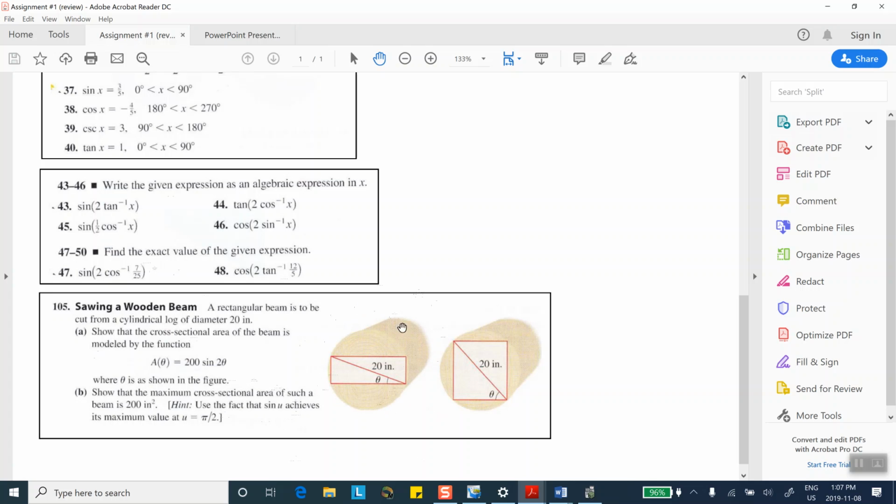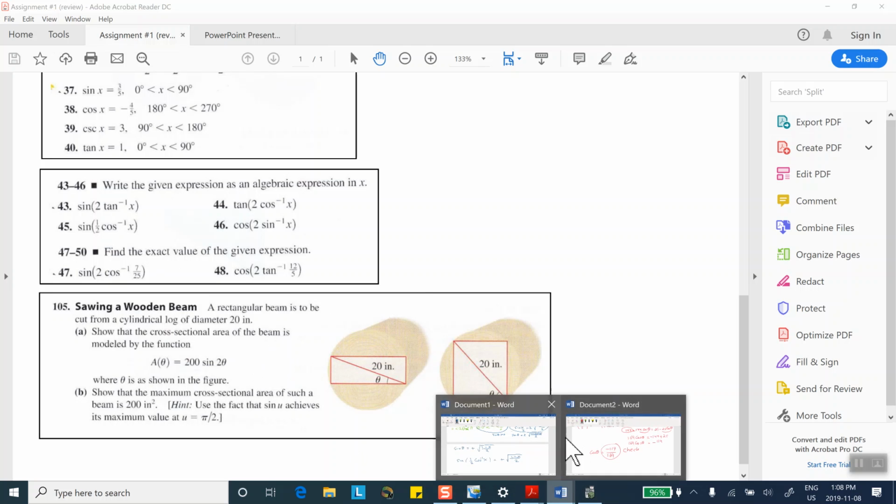This is a cross section of a log coming out of the screen, and we want to cut a beam like that, a rectangular beam. Suppose that the diagonal of the beam is 20 inches. This is the diagonal, and this angle is theta. It says show that the area is 200 sine of 2 theta.